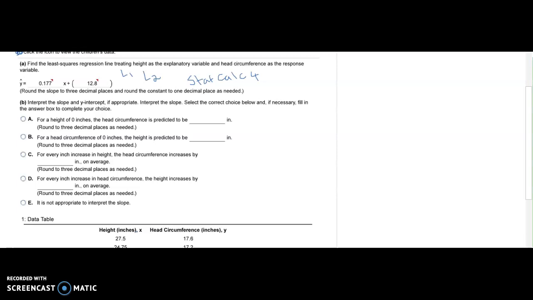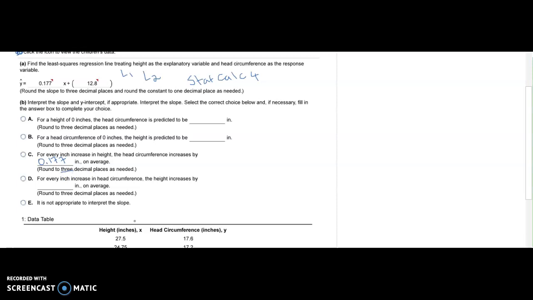So every time the height increases by 1 inch, the head circumference increases by 0.177 inches. So for every inch increase in height, the head circumference increases by, and you would type in 0.177, and it says to round to 3 decimal places.